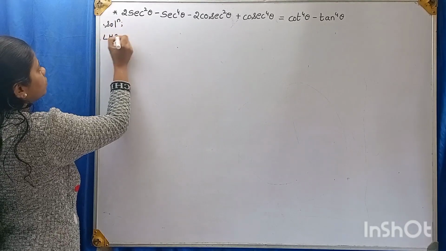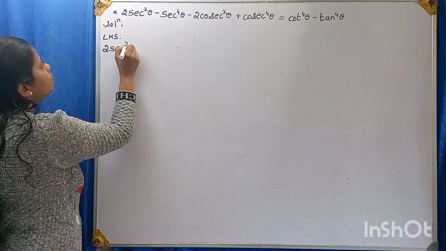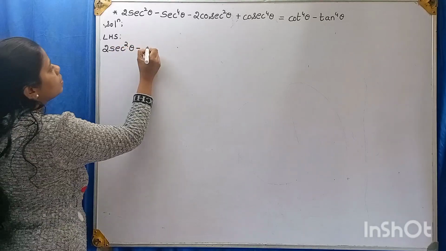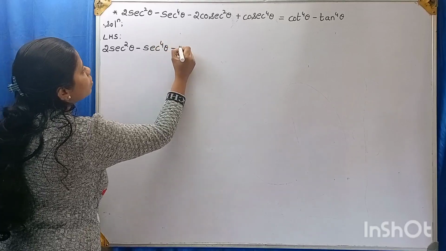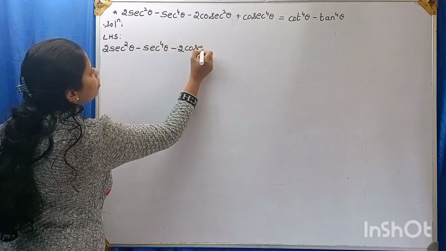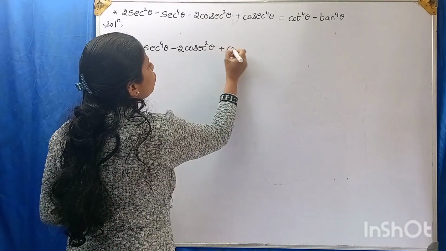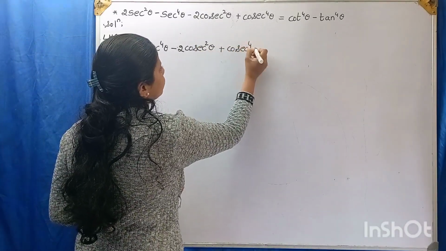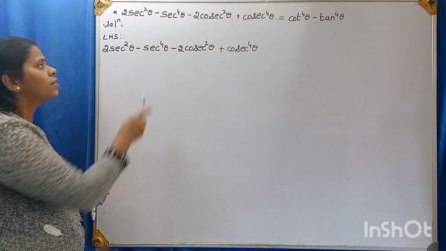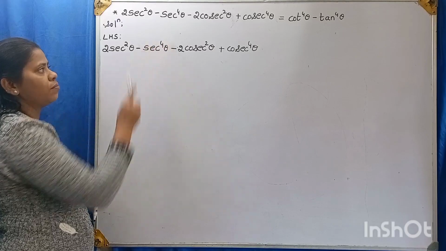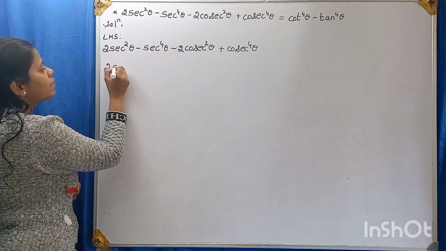LHS is what? 2 sec²θ − sec⁴θ − 2 cosec²θ + cosec⁴θ. Now, 2 sec²θ I will write as it is.